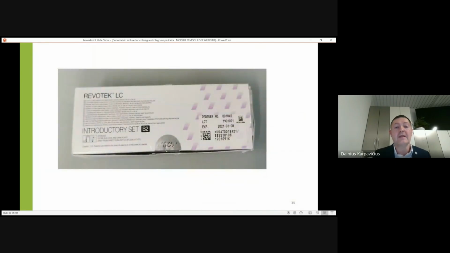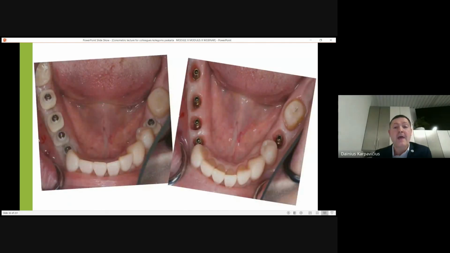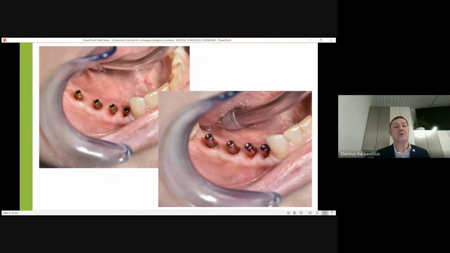This is the material that we use for making a splint, but of course different countries might have other solutions. Here in Lithuania we use this material. When the prosthetic doctor receives such nicely prepared soft tissues, there is nothing to do: just take an impression, go forward, the dental technician gives the bridge or single crown, put it into the mouth, with no additional services or treatments for soft tissues.